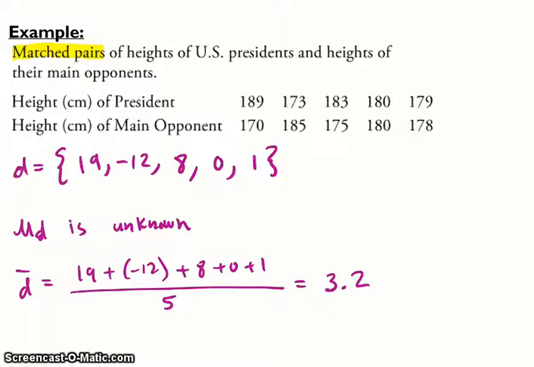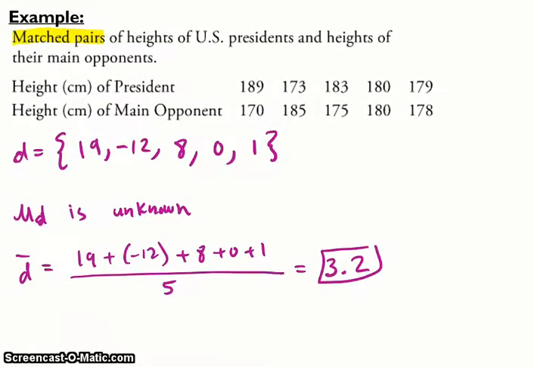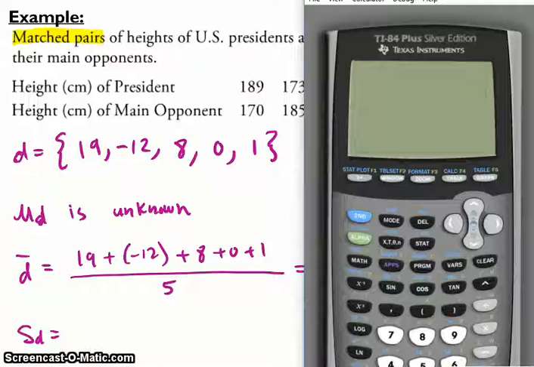You would get 3.2. So D bar is 3.2. S sub D would be the sample standard deviation for this set. Instead of working it out by hand or using the formula, I'm going to show you how to do that using the TI-84 calculator.